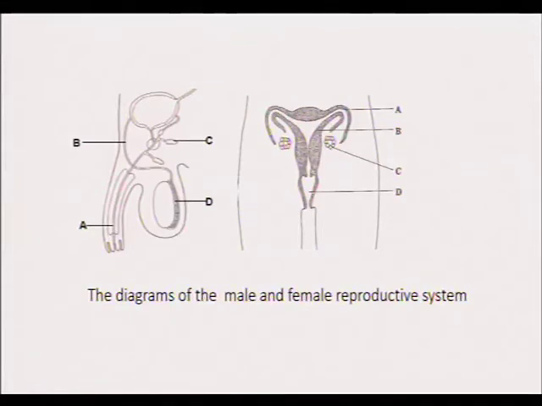The same applies to the female reproductive system, it's labeled A, B, C, D, and you have to know the structure and the function.